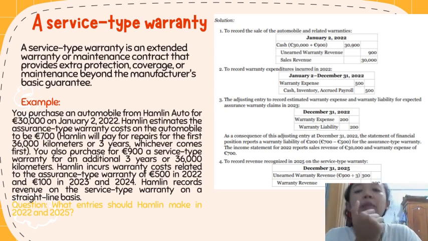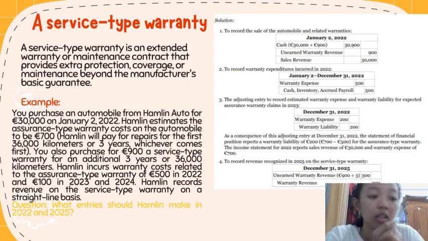I will explain about the service type warranty. A service type warranty is an extended warranty or a maintenance contract that provides extra protection, coverage, or maintenance beyond the manufacturer's basic warranty. Companies record a service warranty as a separate performance obligation.